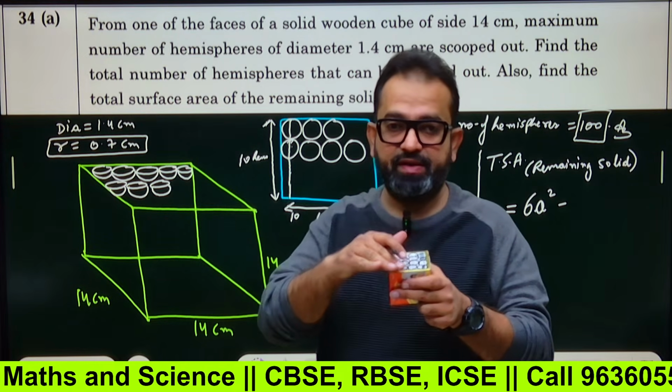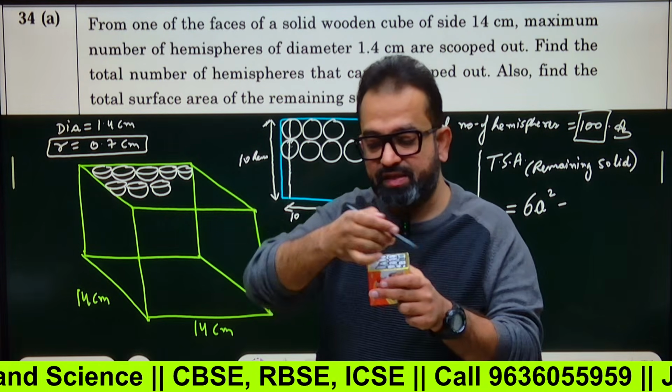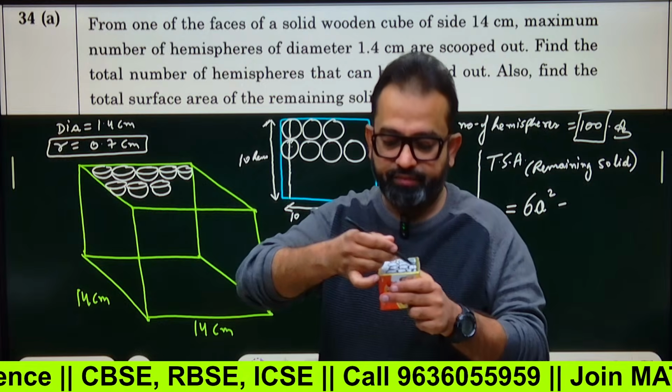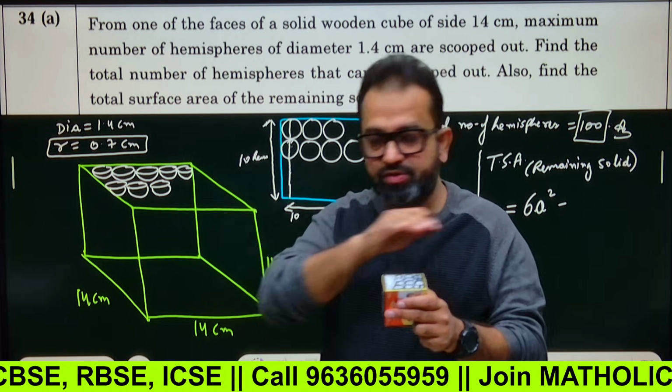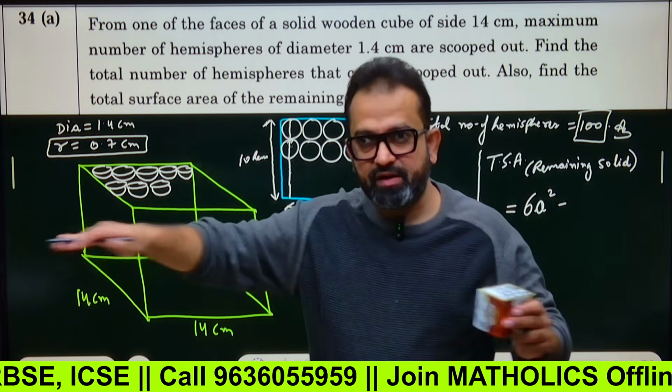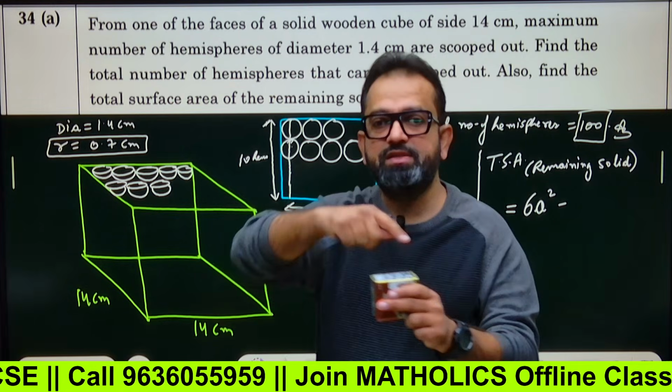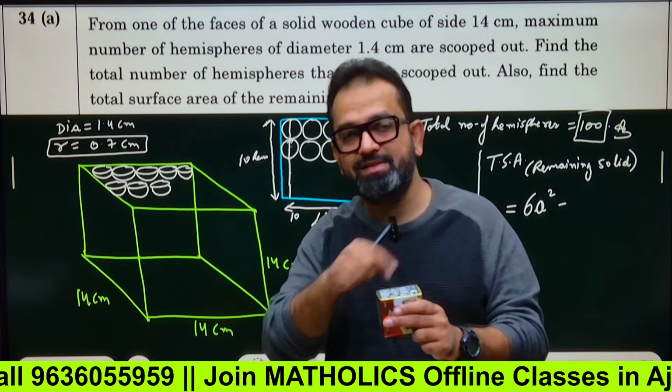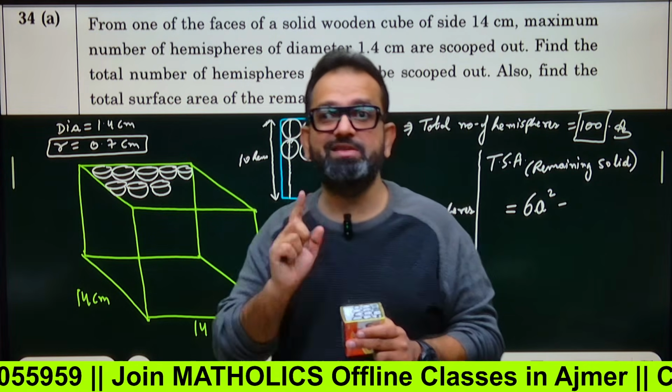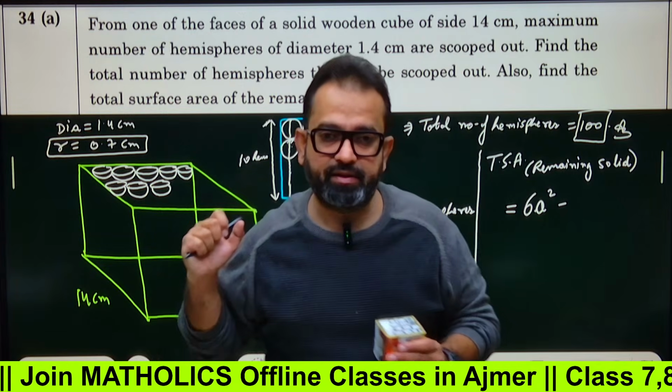On this surface, instead of the plane surface, these circles have been cut out. So you have to subtract the area of these circles, and the area of a circle is pi r square. How many circles are there? 100. That means 100 pi r square has to be subtracted.